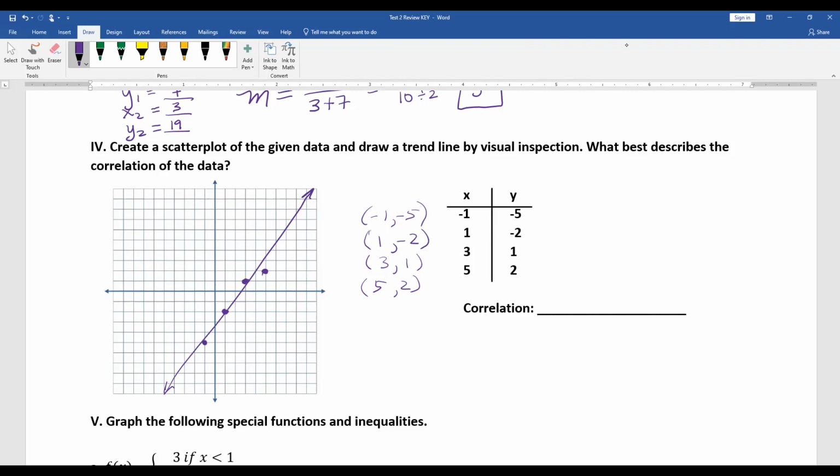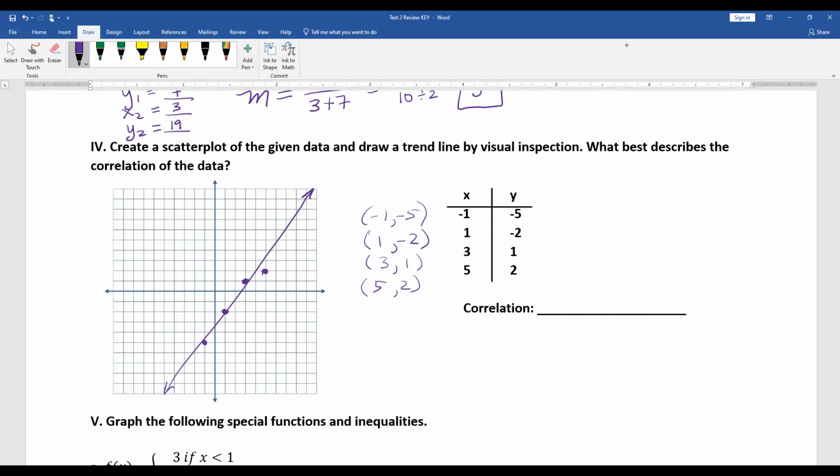So when the dots are really close to the line, would we call that a strong correlation or a weak correlation? Strong, right? The closer to the trend line that the majority of the points are, the stronger the correlation, because your trend line represents the linear equation that you use to estimate or predict data outside of or inside of your data points.